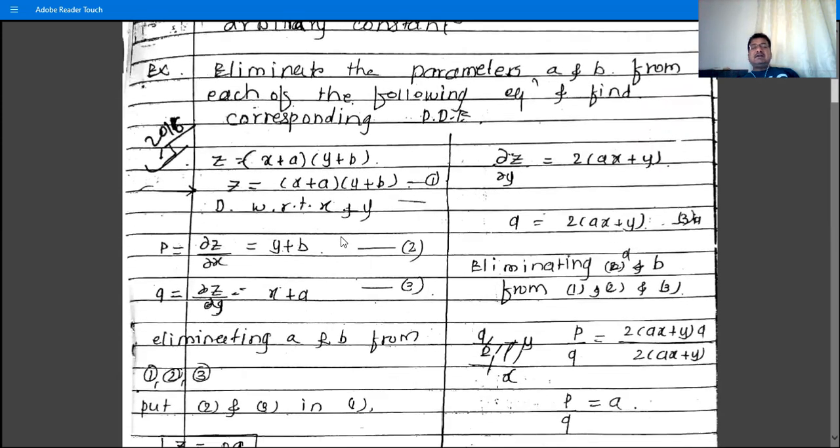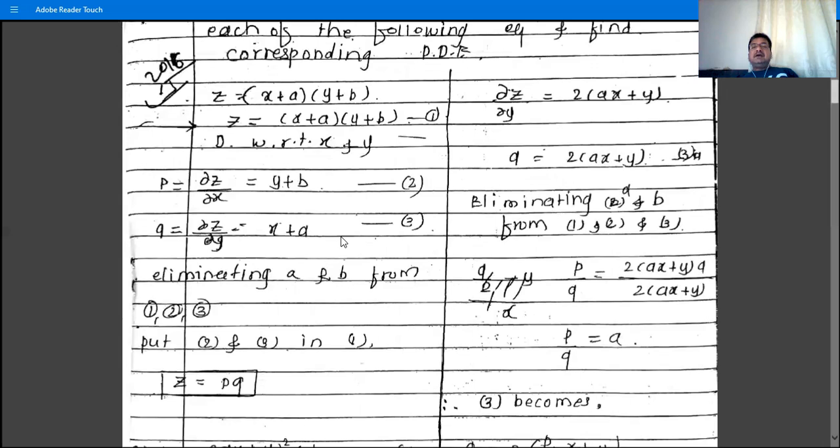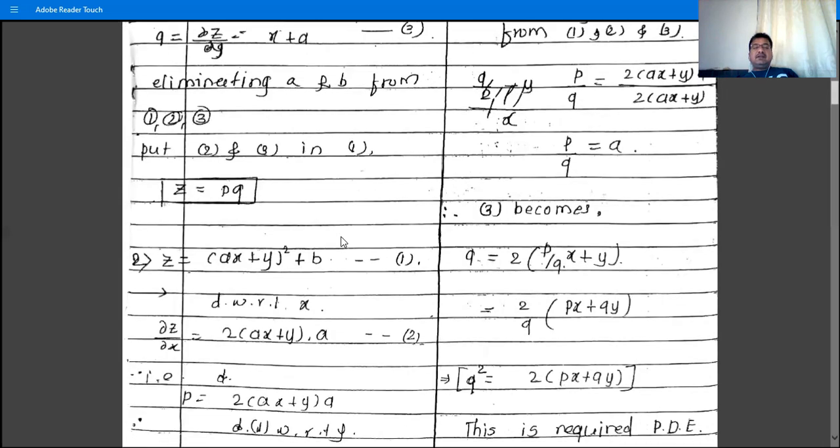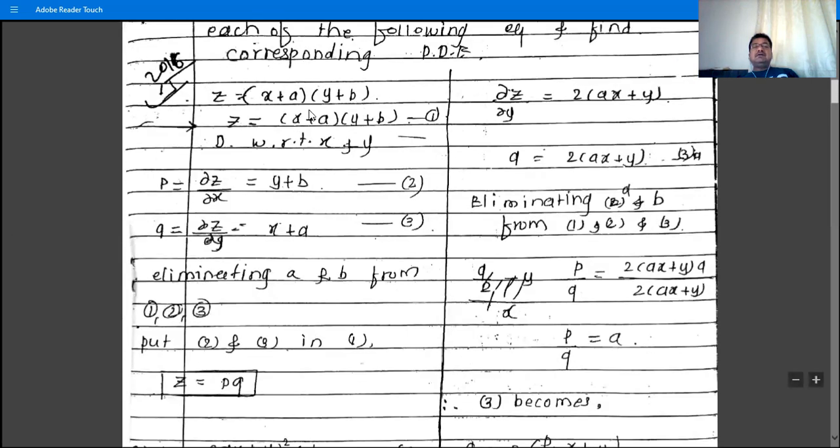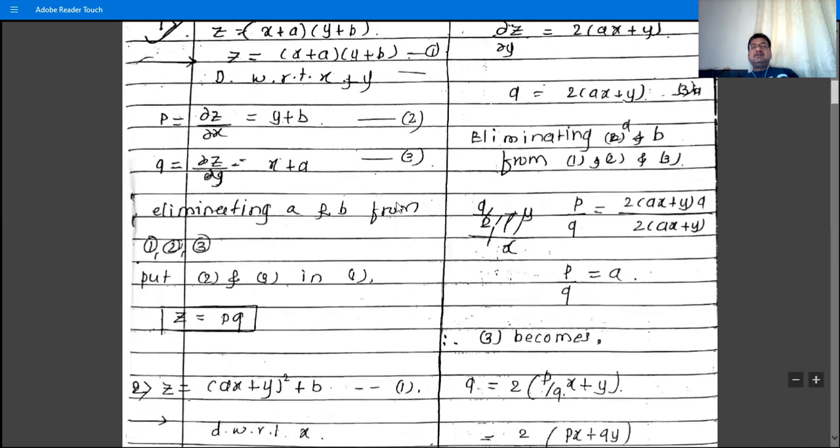So we have to eliminate the arbitrary constants, that is, either eliminate the function or eliminate the arbitrary constants. If there is only one arbitrary constant, then differentiate only with respect to x. Here there are two arbitrary constants a and b, so differentiate with respect to x and y and eliminate the constants by adding or subtracting the two equations. We will see the remaining problems in the next lecture.